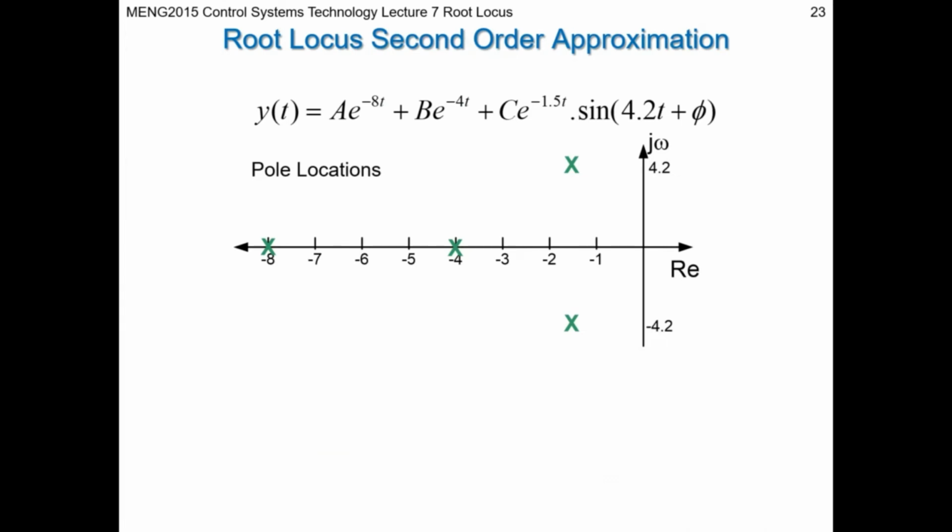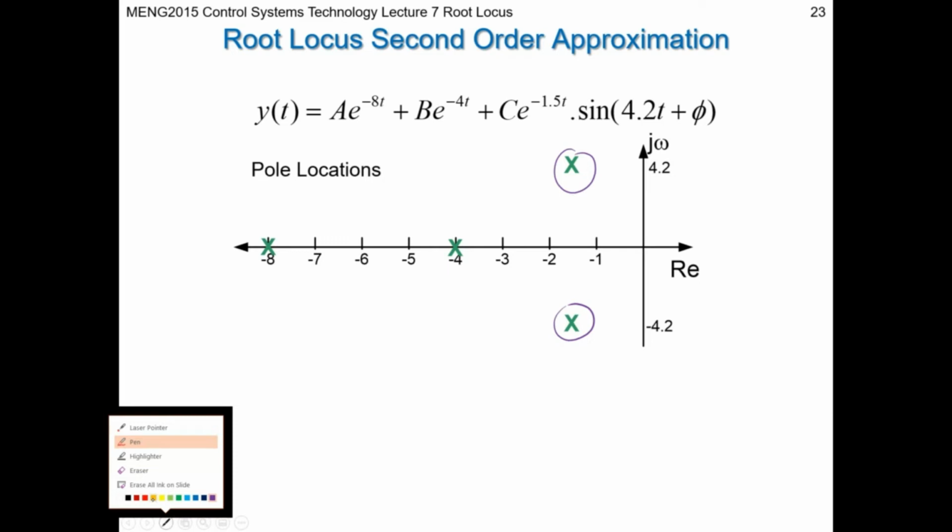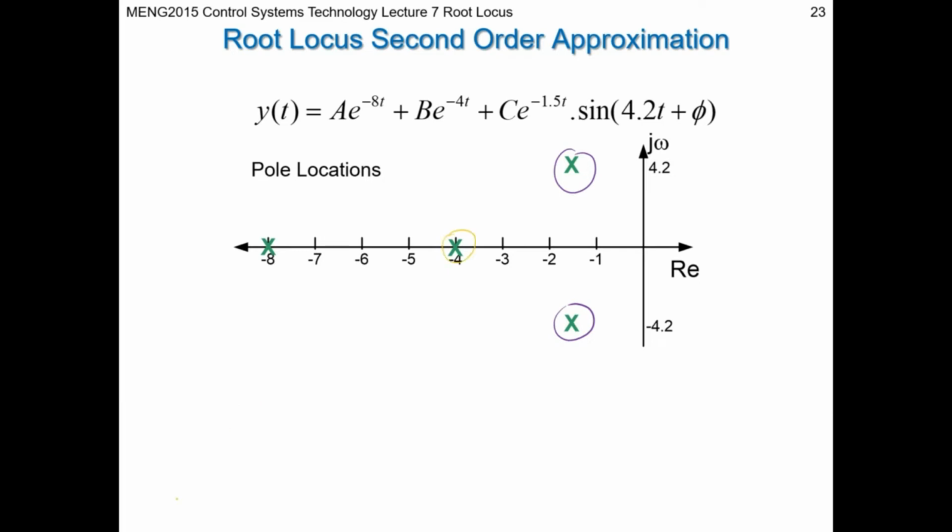So those closed loop roots correspond to poles or closed loop roots shown on this root locus. So you can see these are purple from the previous slide. This is our orange, -4, and this is our light green, -8. Right? So you can see that the dominant closed loop roots, the purple ones, those ones are the ones closest to the imaginary axis.